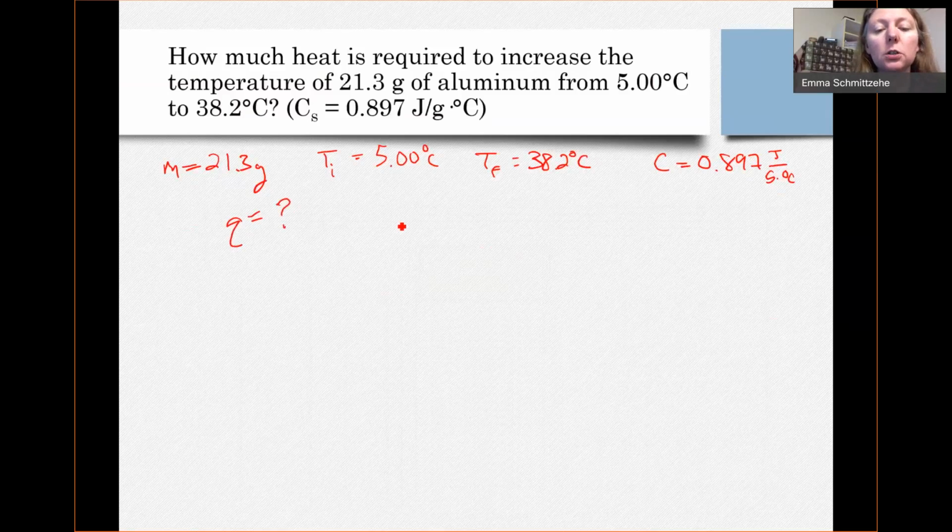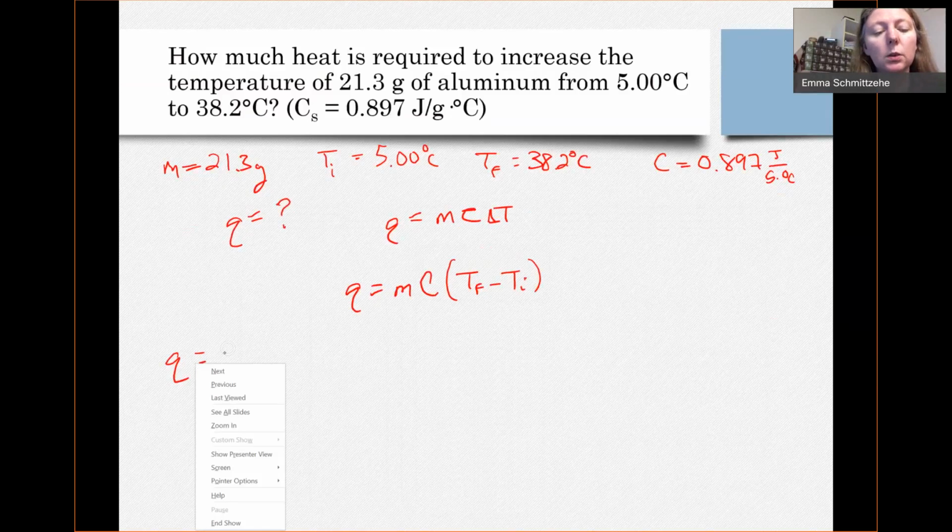And so it's good to write down that equation. Q equals M C delta T, or we can rewrite it as Q equals M C times TF minus TI. And then I can just plug in the information.